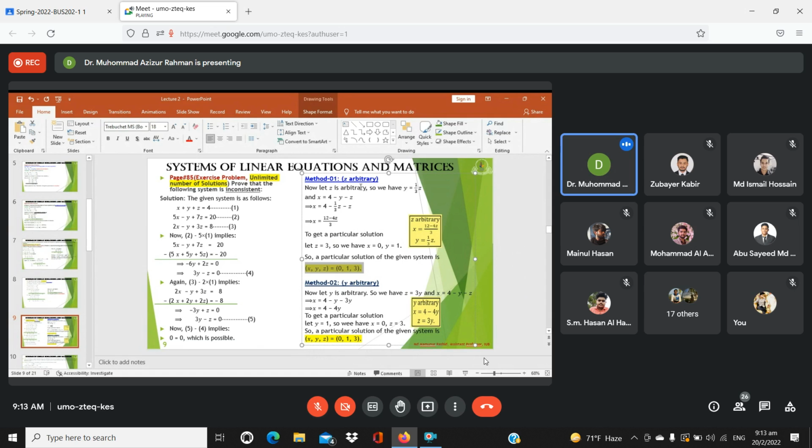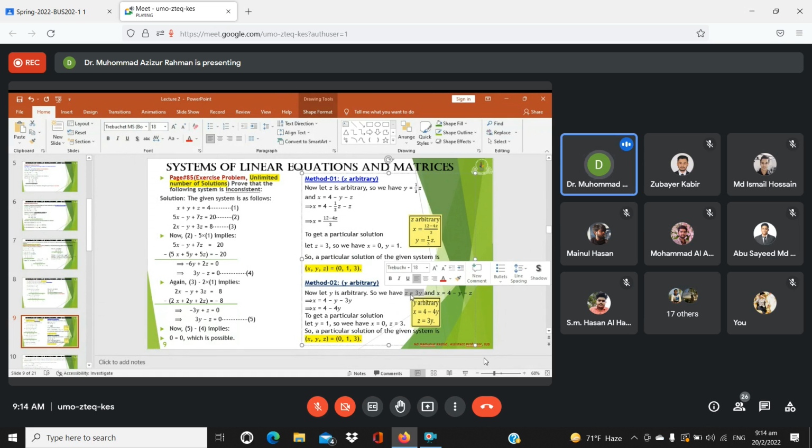So instead of z arbitrary, you can have y also arbitrary. That means from equation 4 or 5, instead of taking y equals z by 3, you say, no, I'll choose z equals 3y. Since you're making y arbitrary, you rearrange to z equals 3y.